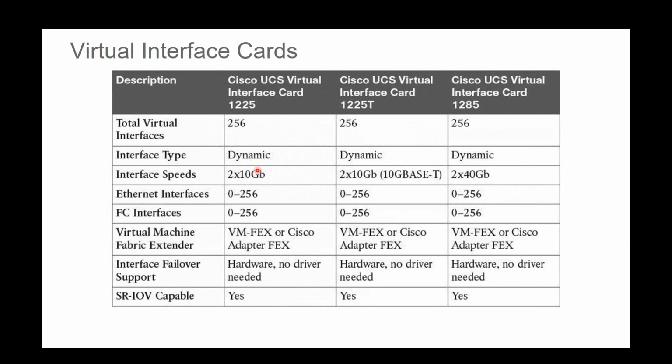Now, obviously, the traffic is still going over these 2x10 gig links, but because they are separate NICs, you can set different port profiles on them. You can set different QoS. You can set different management information. And if nothing else, as I said before, it makes life easier for these server guys.